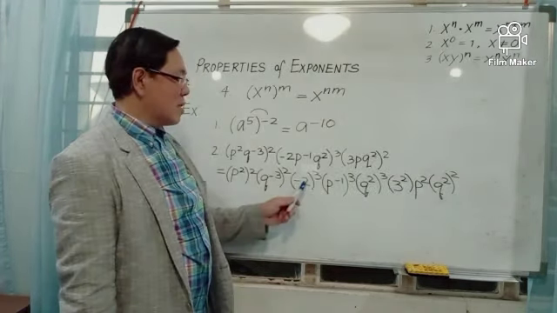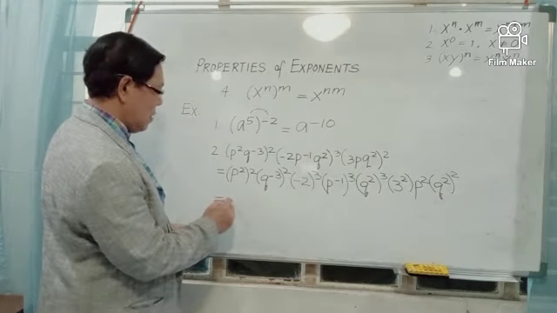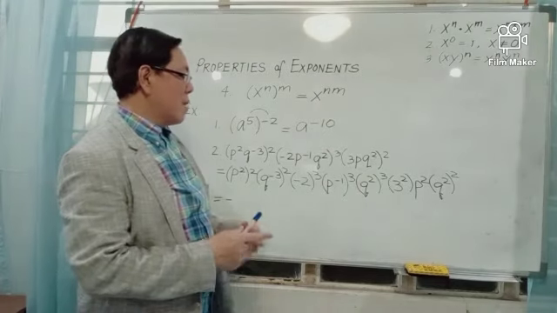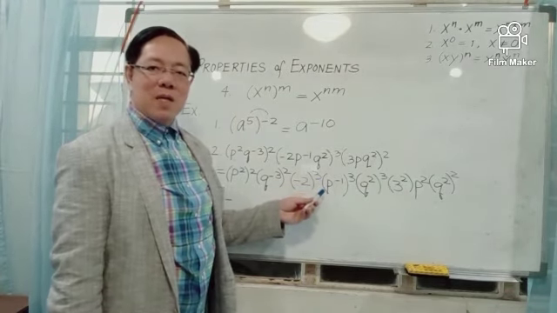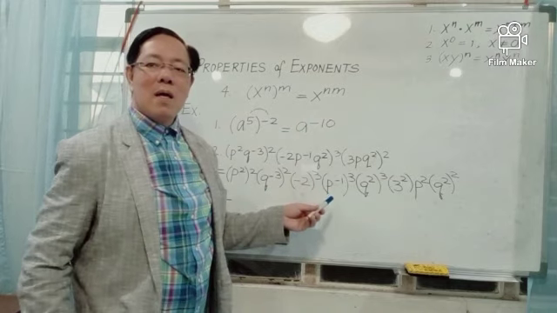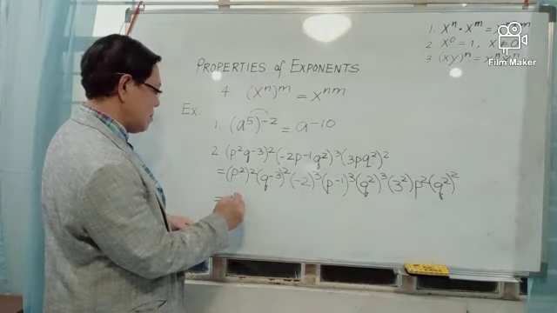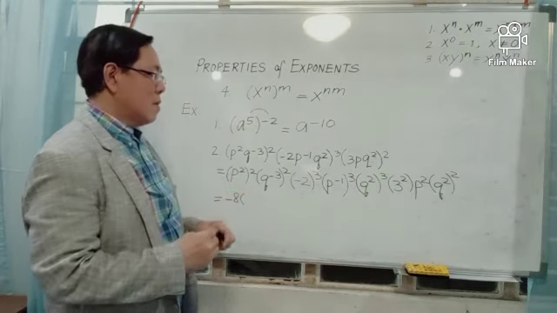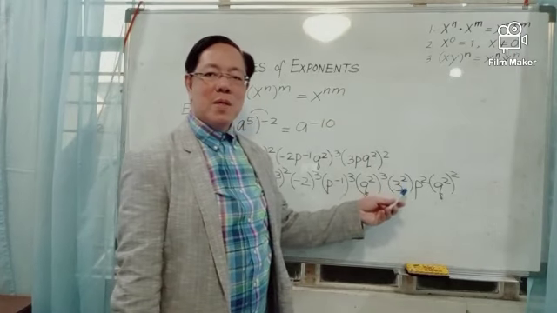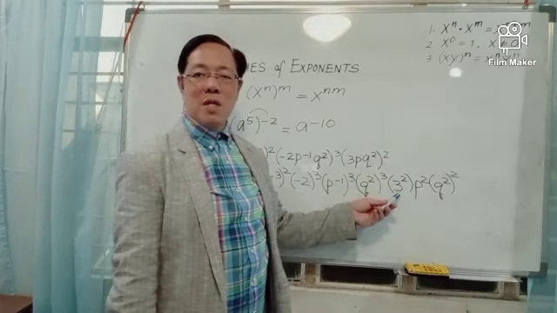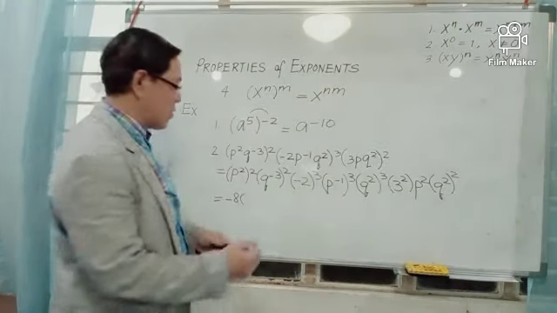And negative 1 raised to 3 is negative. Multiply by 2 to the power 3 means you multiply 2 by itself 3 times. And we get 8. Multiplied by 3 to the power 2, which is equal to 3 multiplied by 3, and it's equal to 9.